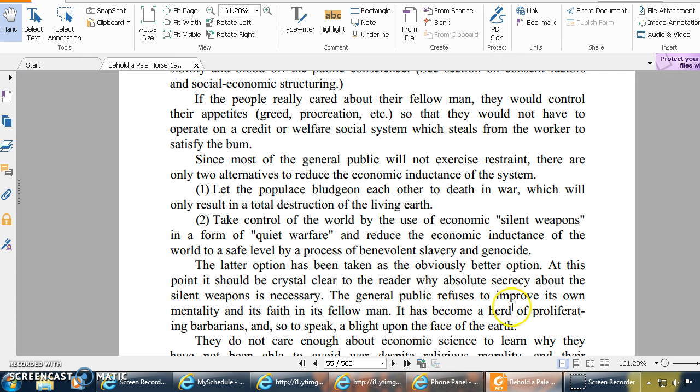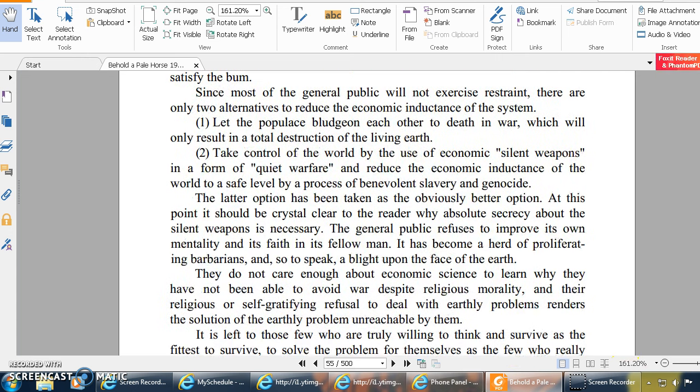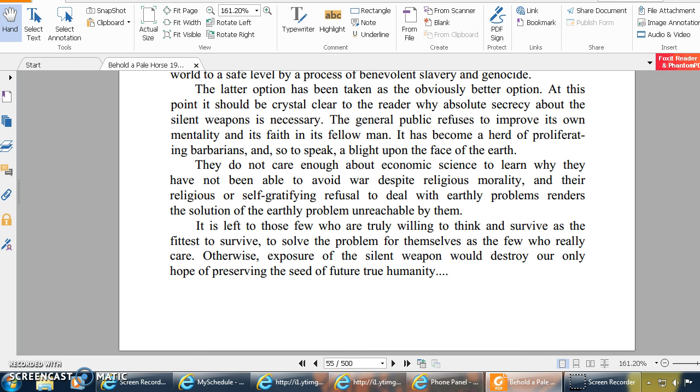The general public refuses to improve its own mentality and its faith in its fellow man. It has become a herd of proliferating barbarians and, so to speak, a blight upon the face of earth. They do not care enough about economic science to learn why they have not been able to avoid war despite religious morality, and their religious or self-gratifying refusal to deal with earthly problems renders solution of the earthly problem unreachable by them.